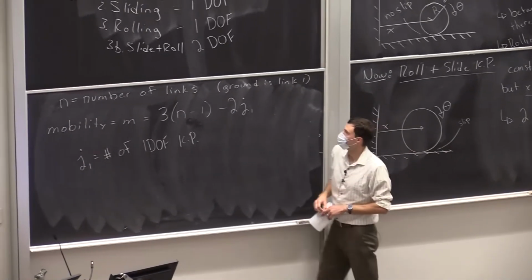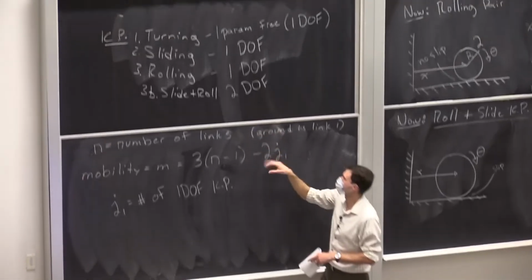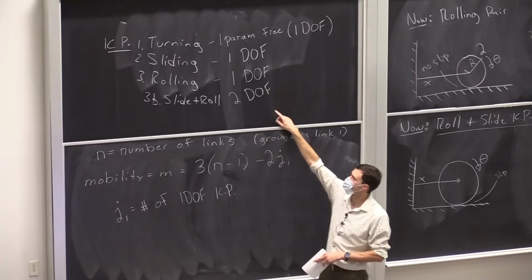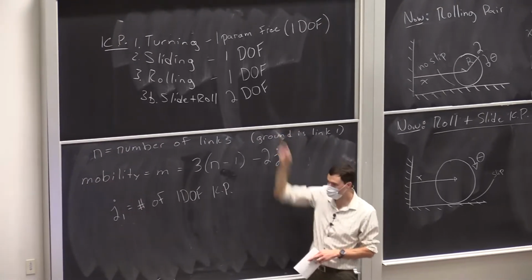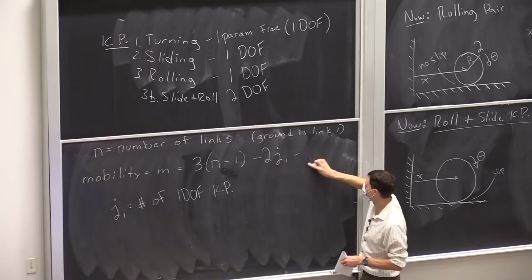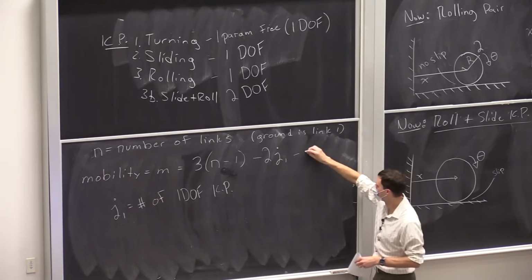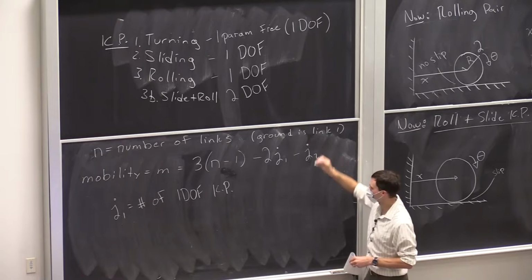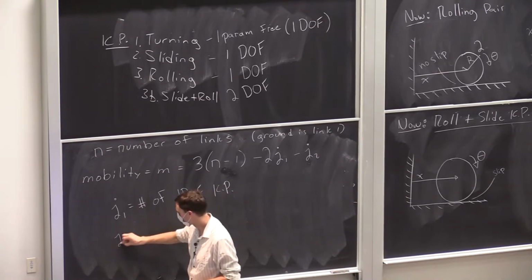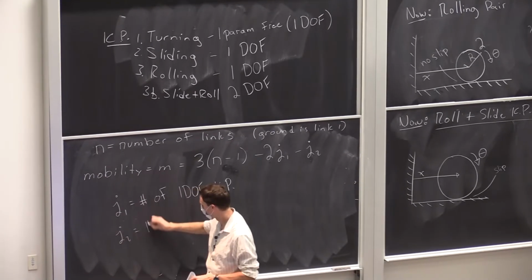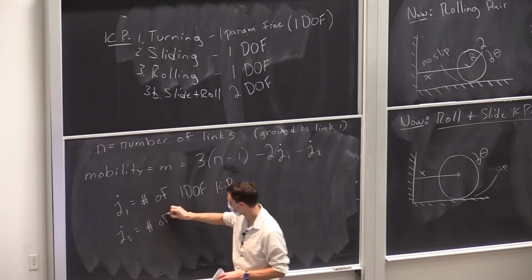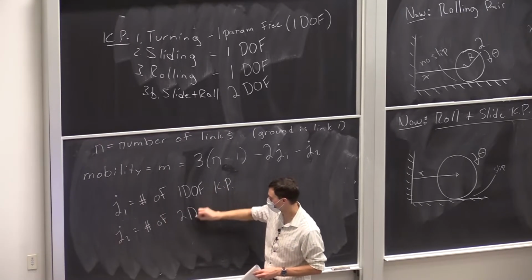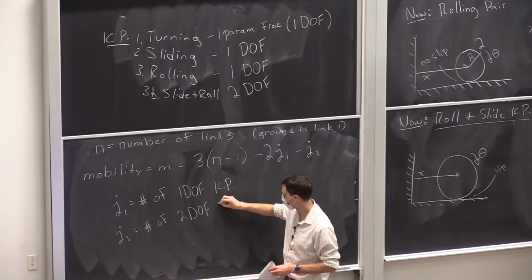Okay, and I know it's confusing because it's kind of inverse here. But for sliding and rolling, each of those constrains one parameter. So we call those J2s. That's our number of 2 degree of freedom kinematic pairs.